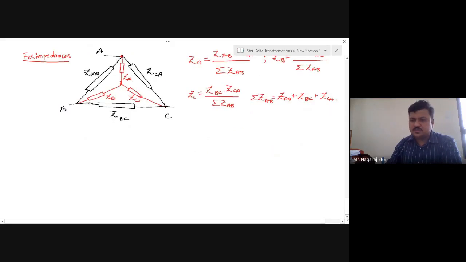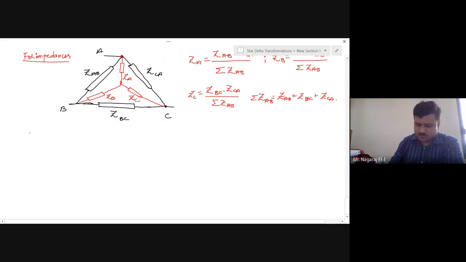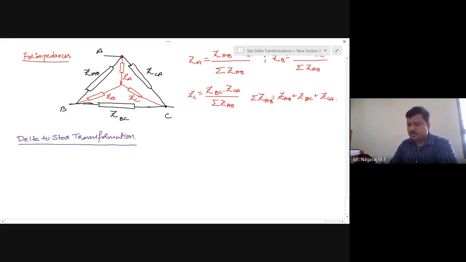Next step is the star to delta transformation. We should also see how to transform in the other direction. So the next point is the star to delta transformation.